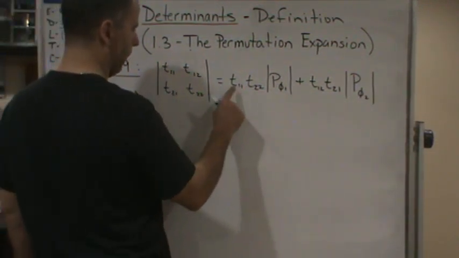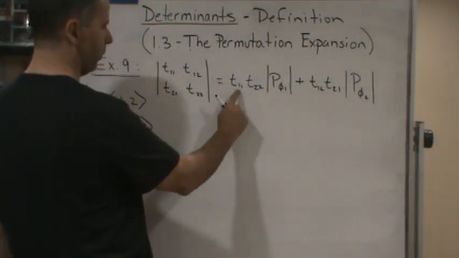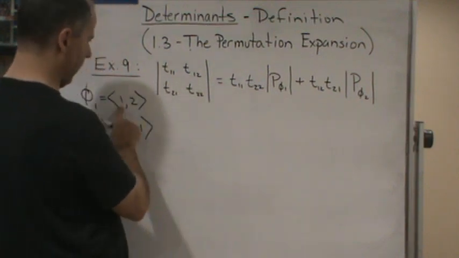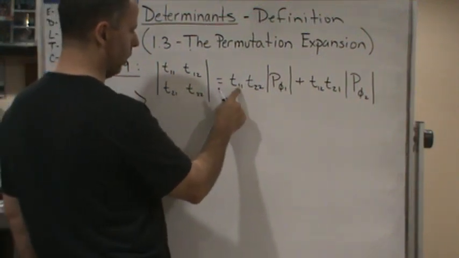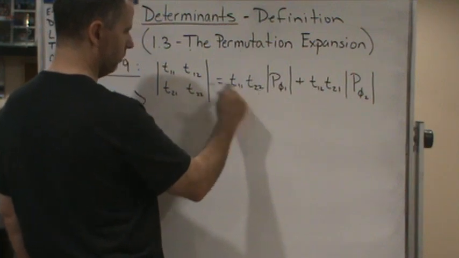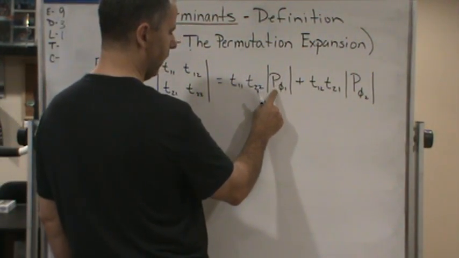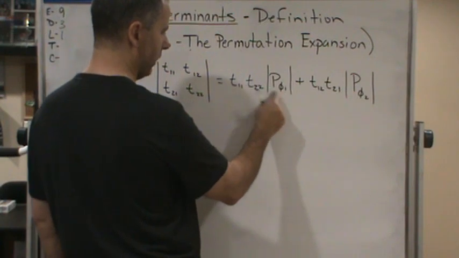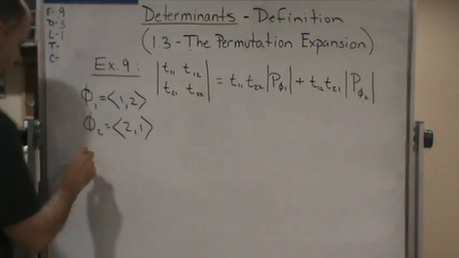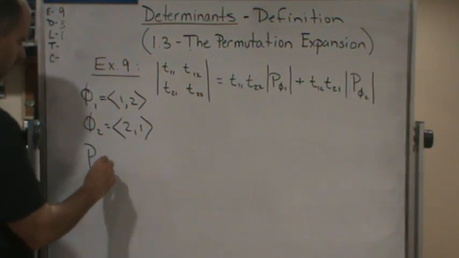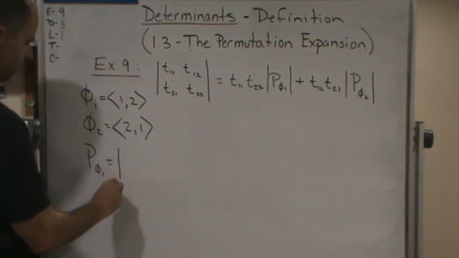So by applying the expansion, we're doing t of 1, phi of 1, which is just 1. So phi 1: t1,1, t2,2, and then times the determinant of the permutation matrix for phi 1. Well, what is that? We already found out what that was. So P of phi 1 is equal to what?